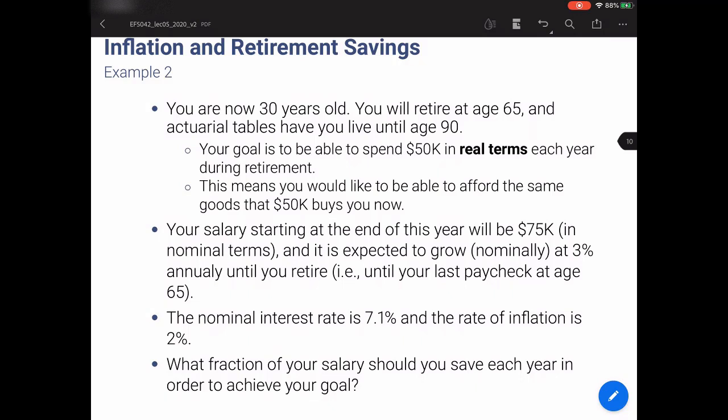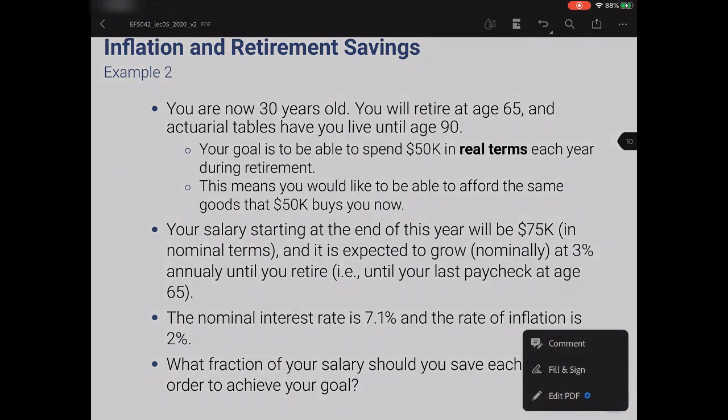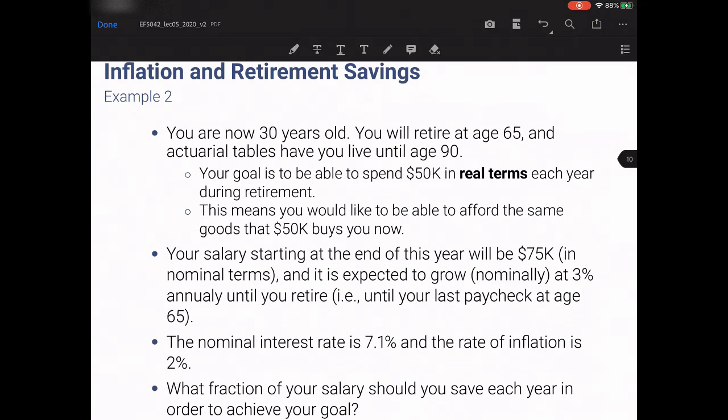So real terms here actually means that you should be able to spend $50,000 in today's dollars, or when you are age 30. Real terms really just means that those dollars should have the same purchasing power as they should have when you are age 30 and you started planning for retirement.